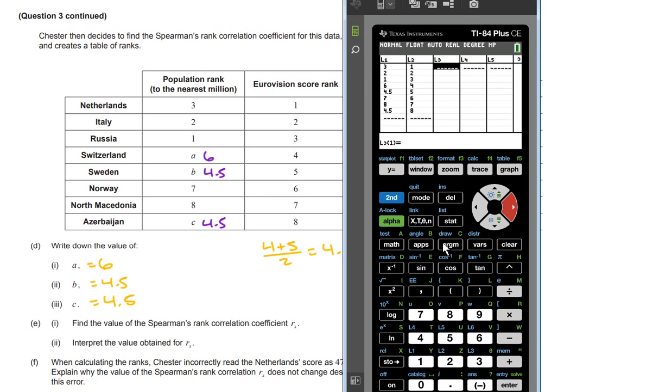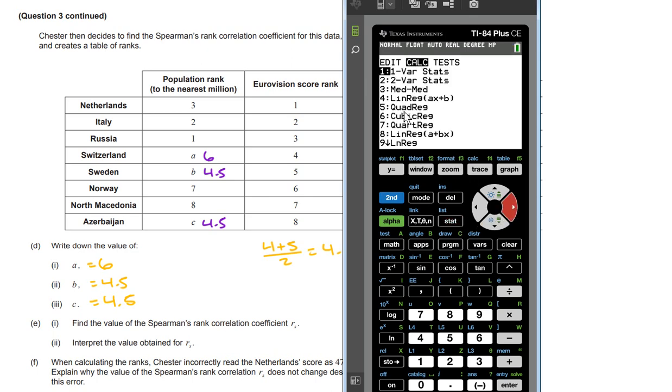Okay, so then now it says to find the value of Spearman's rank correlation coefficient. So we go back into Stat, and we're going to calculate a linear regression. How well does this fit a nice straight line, right? So we do that. Here we go. Enter. All of our X's are in list 1.